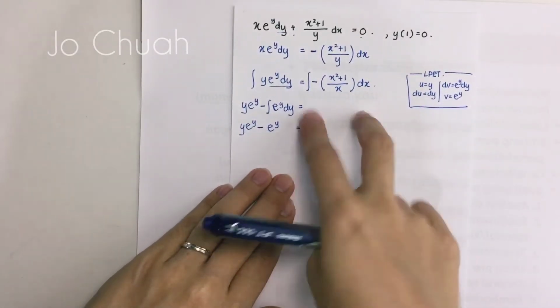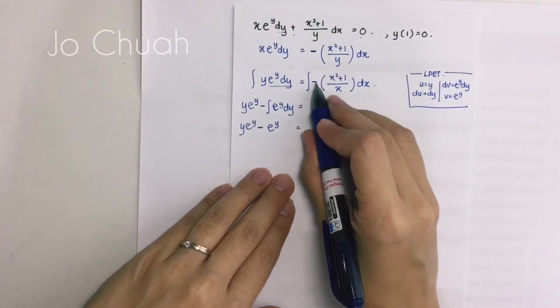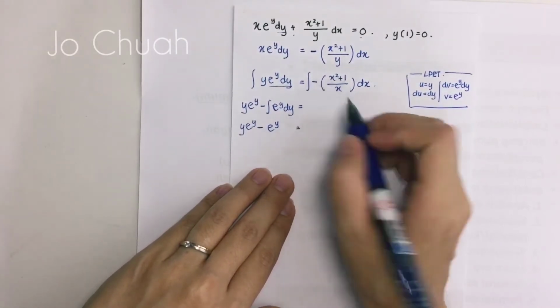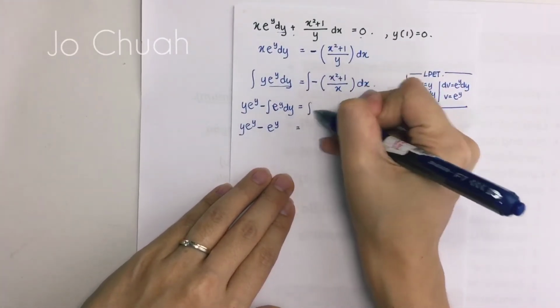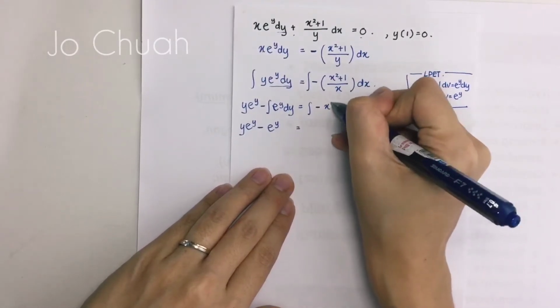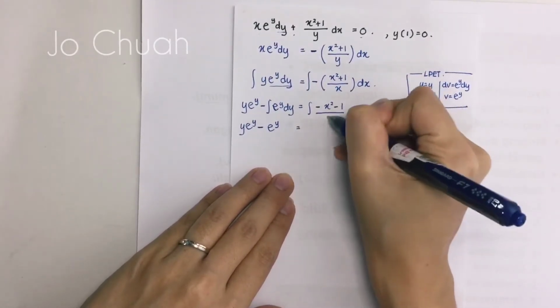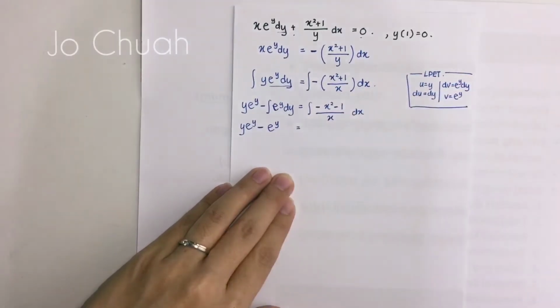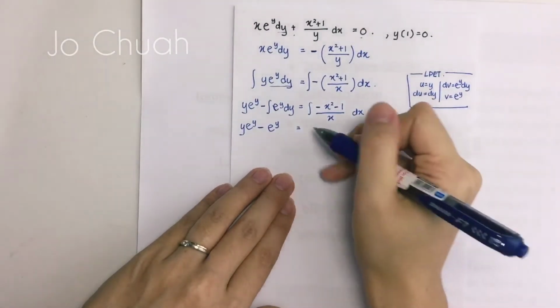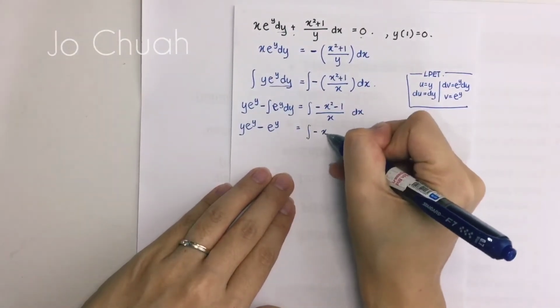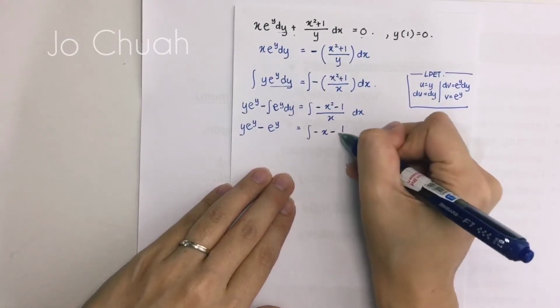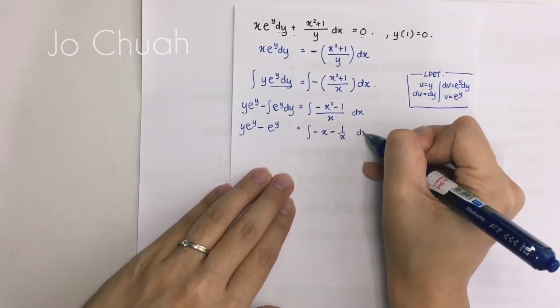So focus on the right hand side right now. This one, the negative sign, you can multiply in first. So what you're gonna have is negative x squared minus 1 over x dx. So you can separate them into negative x minus 1 over x dx.